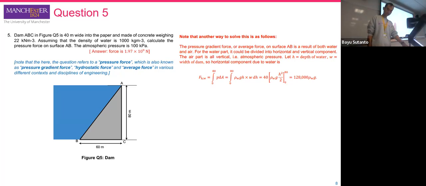For the air, it's going to be easy because force from air will be equal to the atmosphere multiplied by A. But for force from water, there are two resultant forces, horizontal and vertical, because there is hydrostatic pressure and there is weight of the mass of water. So we have two representations: force horizontal water plus force vertical water.